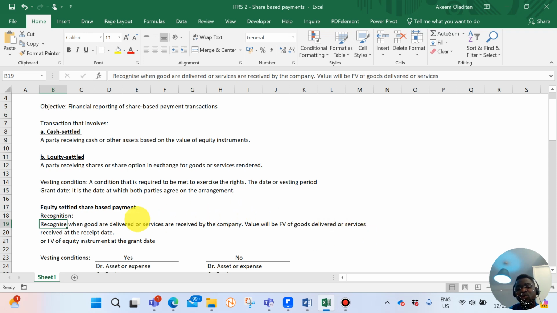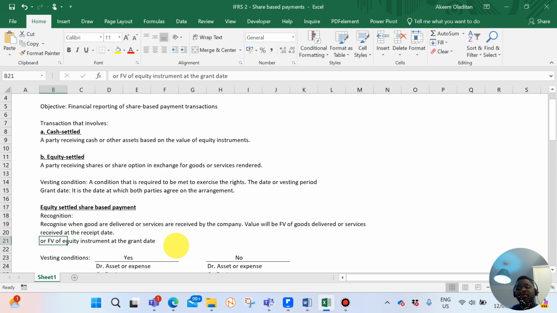That value is what is used to recognize the liability and the expense or asset in the books. But in the absence of that value, the standard says that we should use the fair value of equity instruments at the grant date. So there are two things. The first one is to look at the goods or services delivered. What is the value of those goods or services delivered?